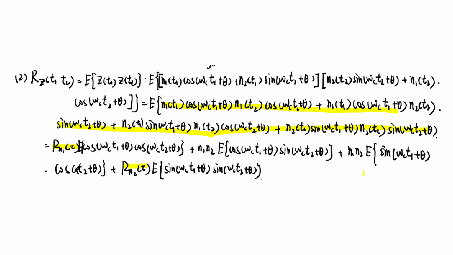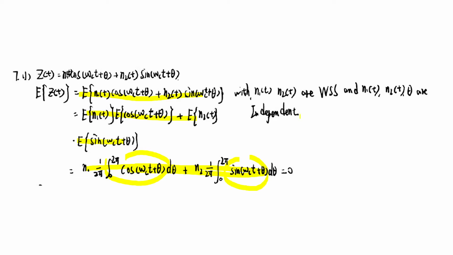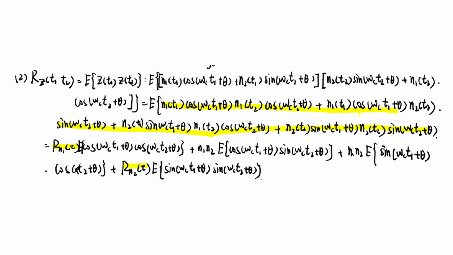which we can just use the condition offered by the question that N1(t) and N2(t) are WSS, so E[N1(t1)] and E[N2(t2)] are also different constants here, and so we can just simply multiply those together.